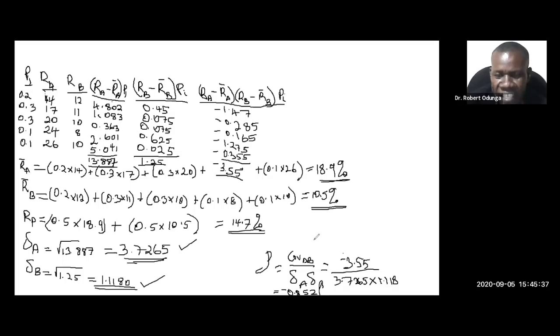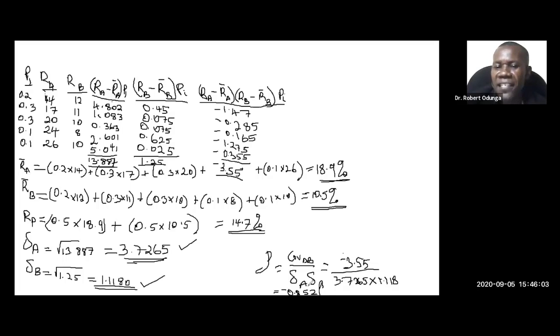Are we together? The risk can easily be diversified by combining these projects in this combination of 50-50. The combination of 50-50 will work very well for the investor because of negative 0.8. The highest is negative 1.